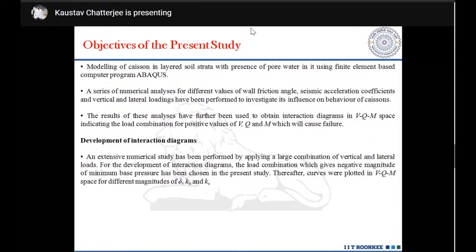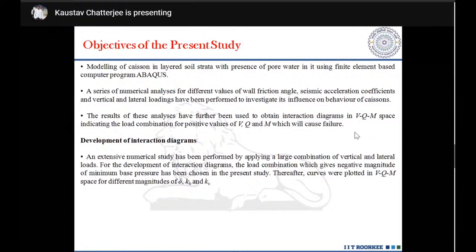What is this? In VQM, V represents the vertical load, Q represents the lateral load, and M represents the moment. The interaction diagrams in the VQM space indicate the load combinations of vertical load, lateral load, and bending moment that cause the failure. That is, we have obtained the critical combinations of VQM that will indicate failure of the caissons. This is what we have done. How this interaction diagram has been developed, we will explain more in the later part of the work.